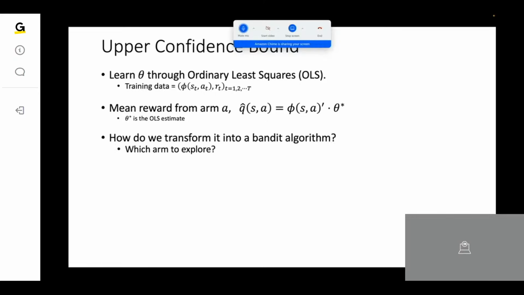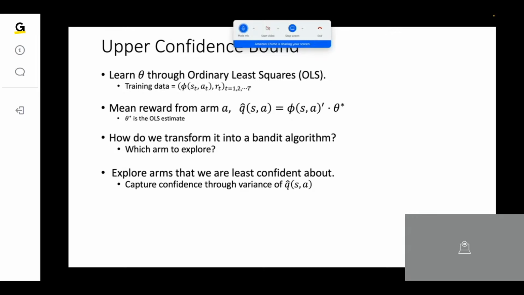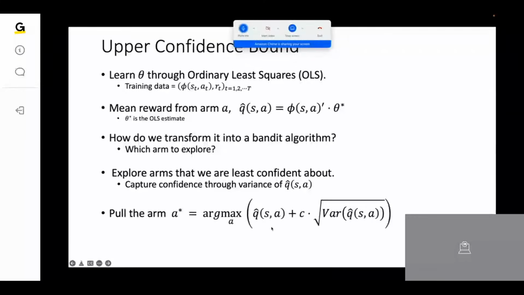But now it is no longer different from a supervised model. So how do we convert it into a bandit algorithm? How do we explore? In order to do that, we need to define the UCB of each arm. This is the expression for UCB, which we will not go into in detail. You can look at the paper mentioned in the previous slide.